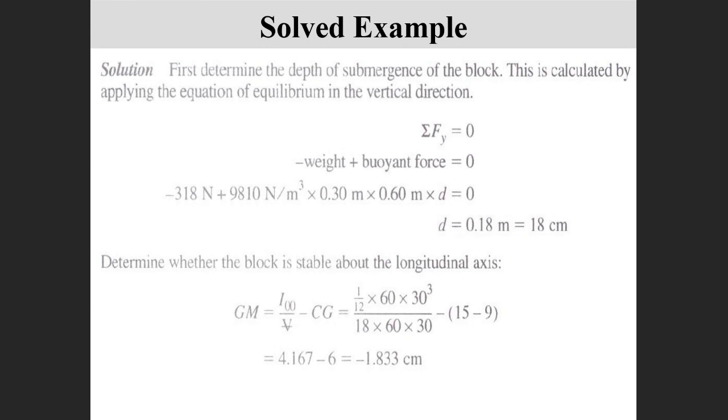Where did he get 9,810 from? Just raise your voice a little bit. Where did 9,810 come from? This is rho g. Am I right or wrong? Do you get it? Okay.